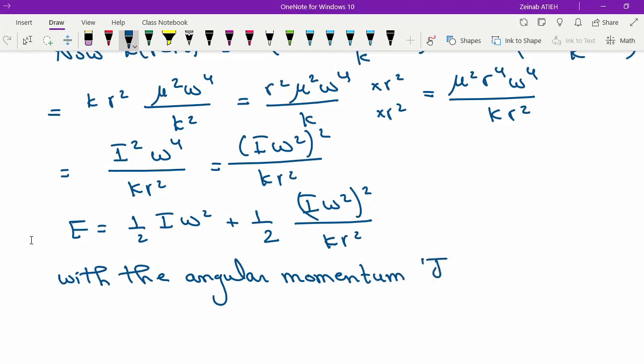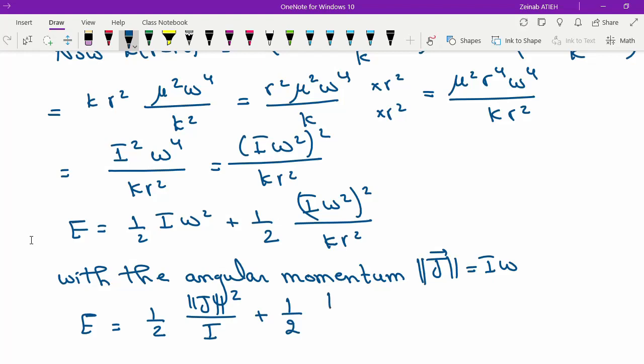This is the classical value of the angular momentum, which is equal to I omega. So our energy will be half J squared over I, plus 1 over 2, J to the 4 over I squared, and we still have k r squared.